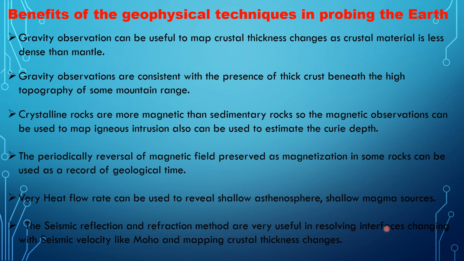There are some interfaces which are defined by seismic velocity and acoustic impedance. So these methods can be useful to map the interfaces. Whenever there is a crustal thickness change, we can use seismic reflection and diffraction, and the Mohorovicic discontinuity can also be identified using that.